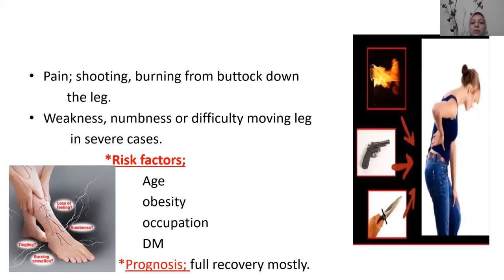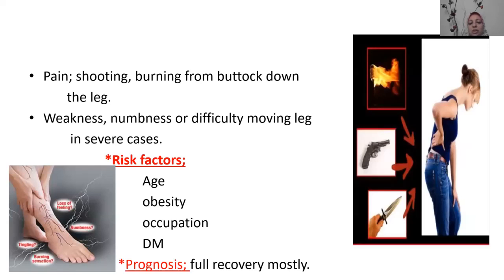It's a shooting, burning, or stabbing pain starting from the buttock down the leg, with weakness, numbness, and difficulty moving the leg in severe cases. What risk factors could predispose to sciatica?